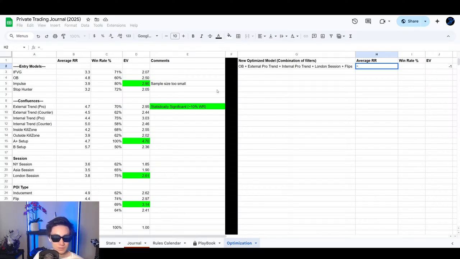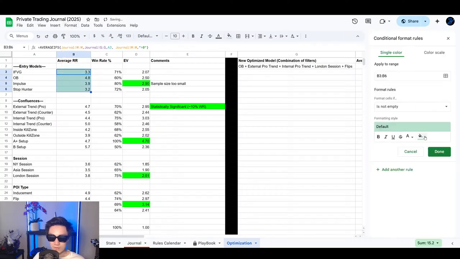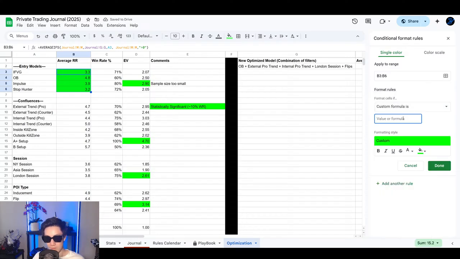So for example, okay, you know what? We'll do conditional formatting for all of them. The B3, this is gonna be a pain in the butt to do. Oh, B equals. This one highlights 2 as well.